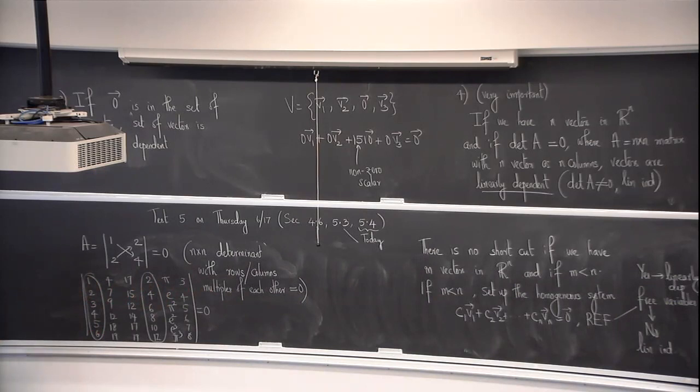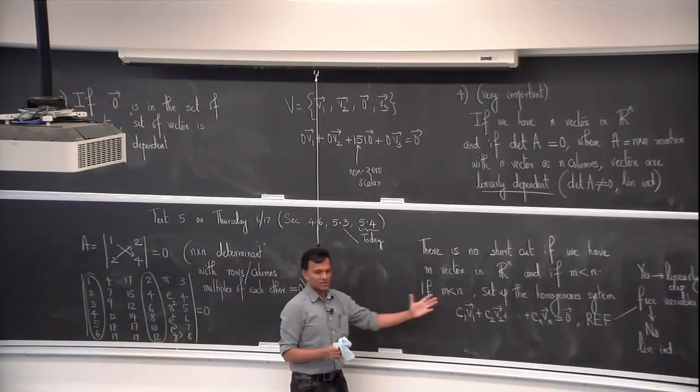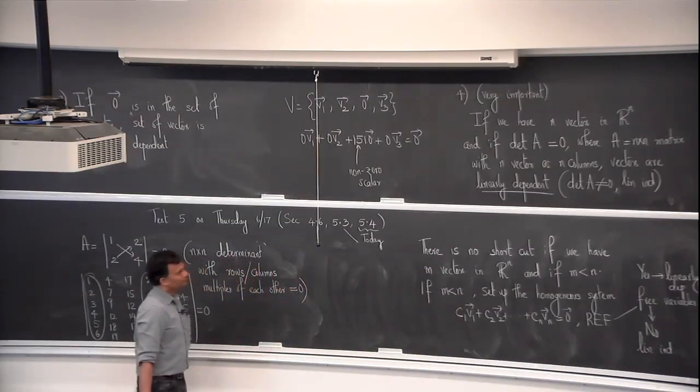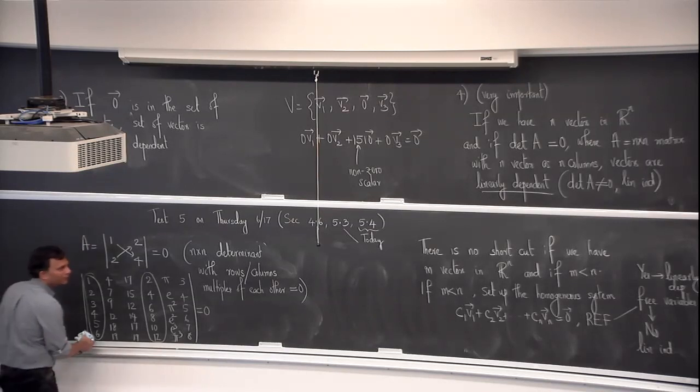But if there is any work you have to do in 5.4, it is in those problems where you have fewer vectors than the dimension and it's not obvious as to what is going on. So let's spend most of today's lecture trying to get this right. Some of these could be just easily done, some of this you have to do.